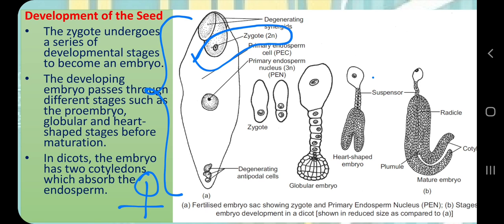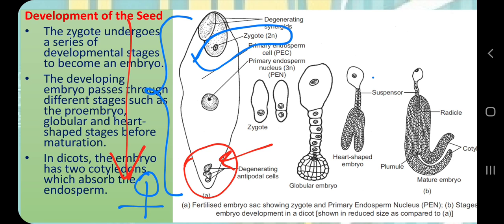Why am I talking about the stored food? Let me explain. This embryo sac had 7 cells and 8 nuclei, and after fertilization these 3 antipodals degenerate. Let's not get confused, because this diagram is somewhat reversed. In our previous diagram the egg cell was shown at the bottom, and here I am showing the egg cell on the top and antipodals at the bottom, because there is no fixed top and bottom.